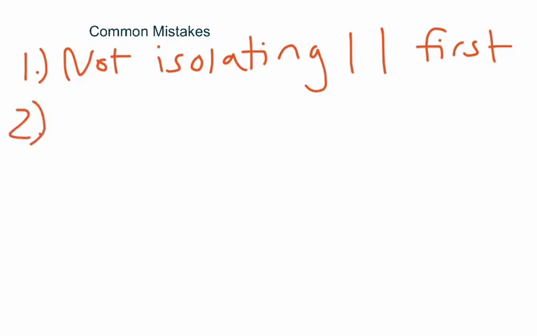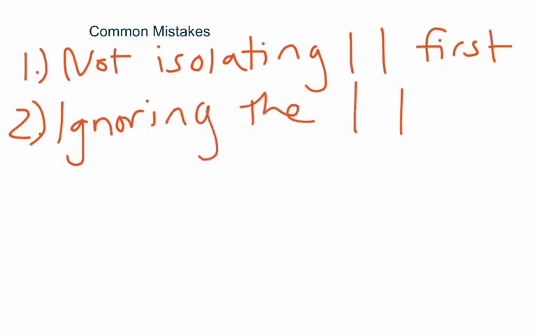Another one is simply ignoring the absolute value. So being in a bit of a state of denial about the fact that it is an absolute value problem and just treating it like there are no absolute values there. And then the other thing that students will do is they don't quite ignore the absolute value, but they kind of temporarily ignore the absolute value.